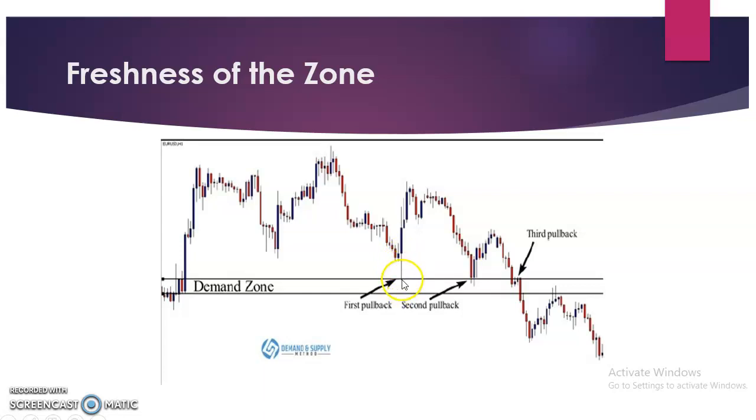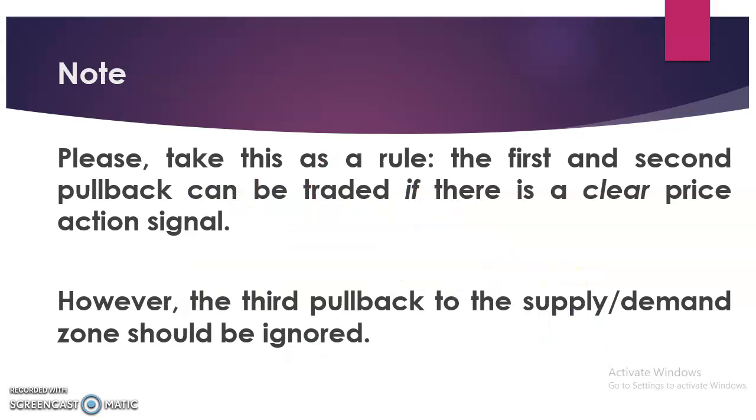Yeah, this is the first time, and of course we saw that. So it means that this first time is still fresh. This is the second time. Look at the third pullback. Price simply broke through that particular place. That zone failed on the third attempt.